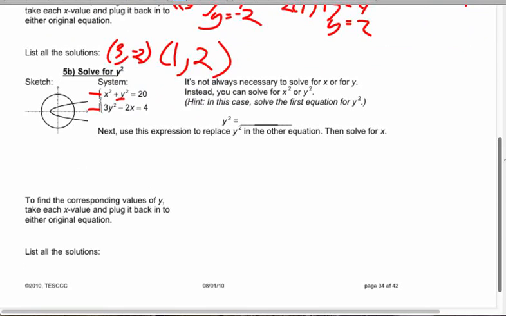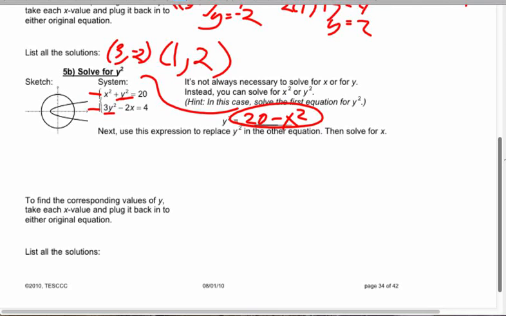However, you'll notice I've got a y squared in both of these. So I can solve for my y squared in the first one. So my y squared is going to equal 20 minus x squared. And then I put this in everywhere.